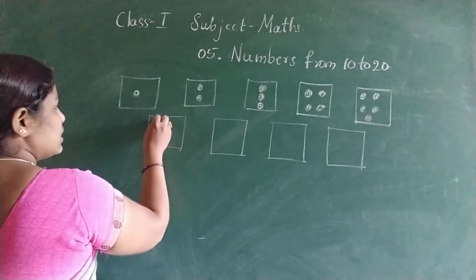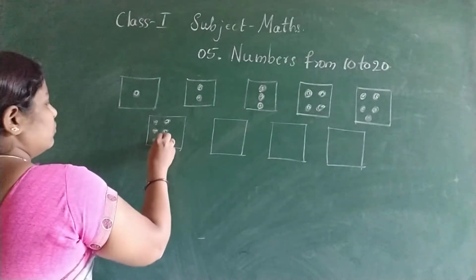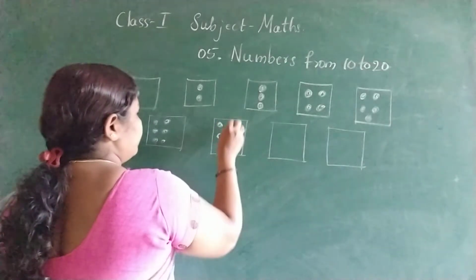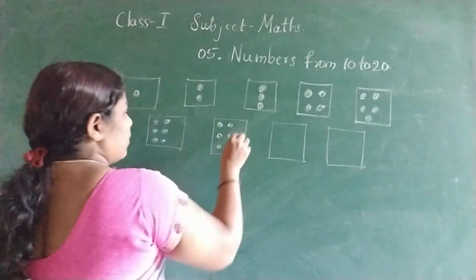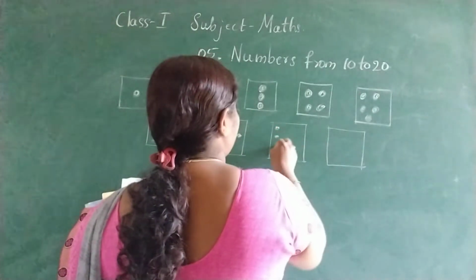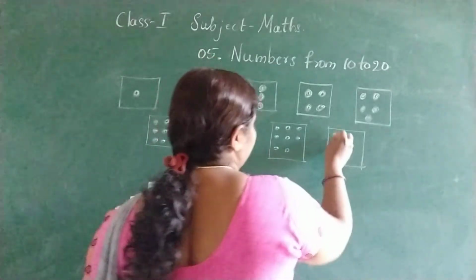After 5, 6 dots we should draw. Then 7, next 8, then 9.